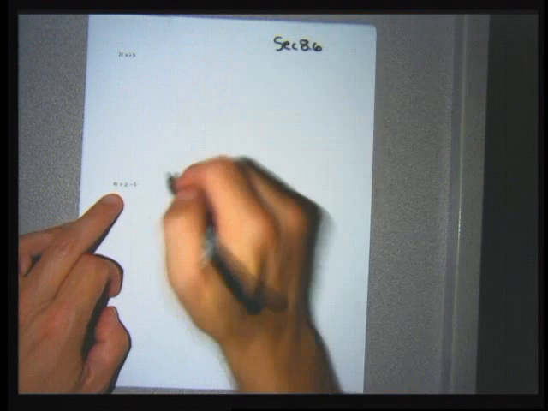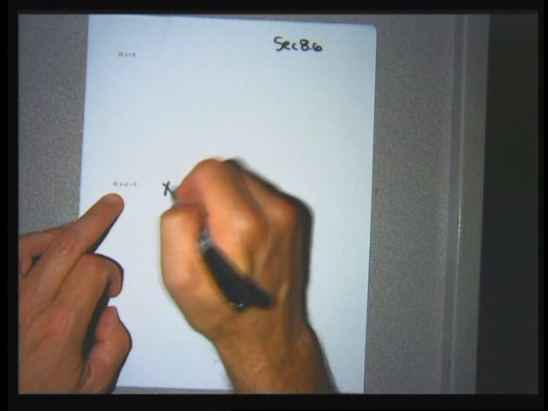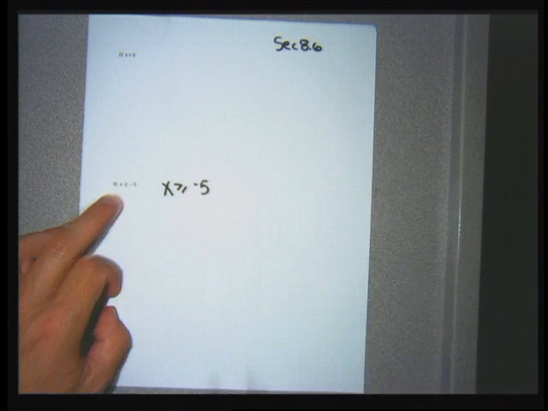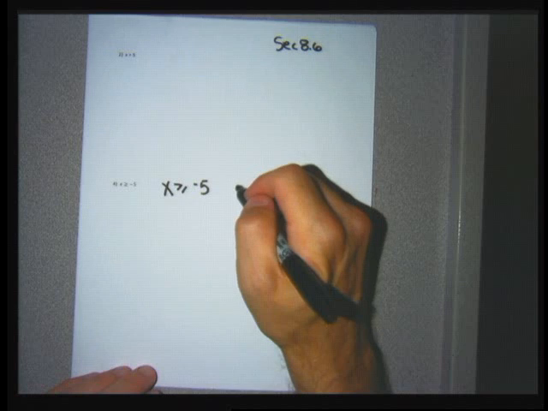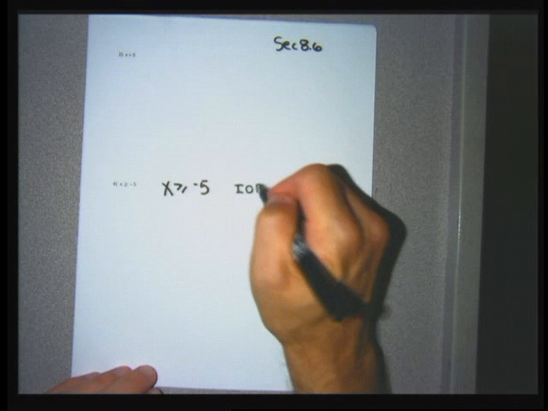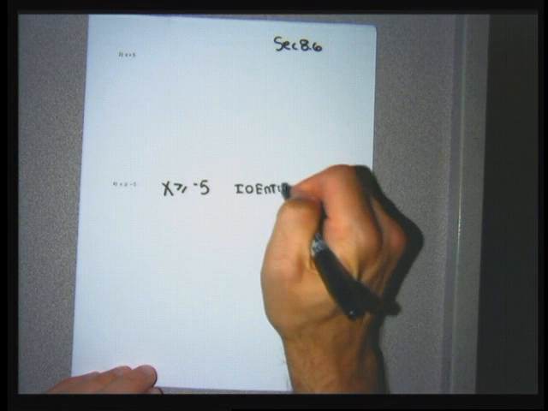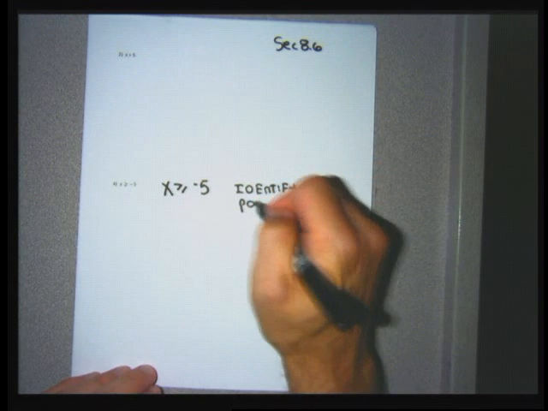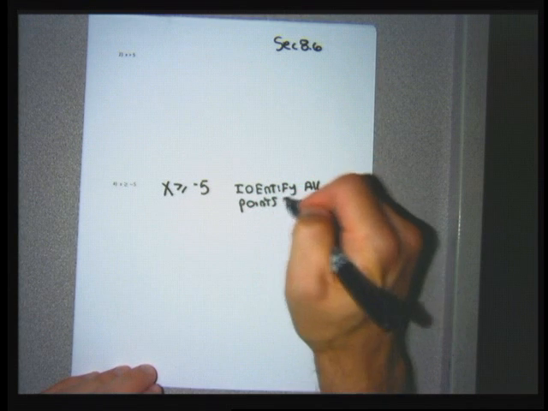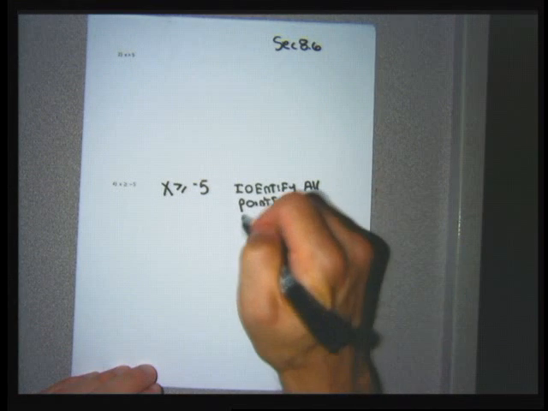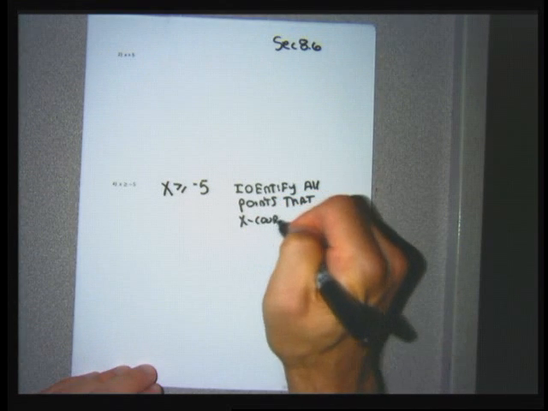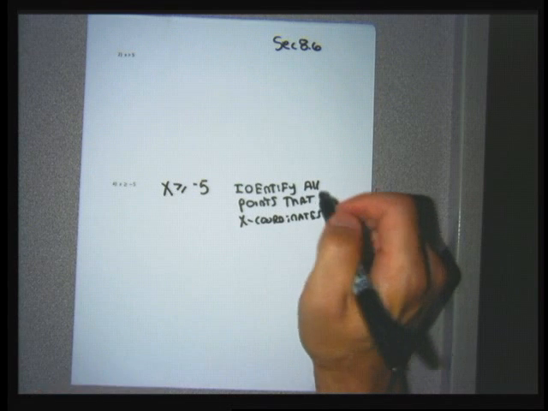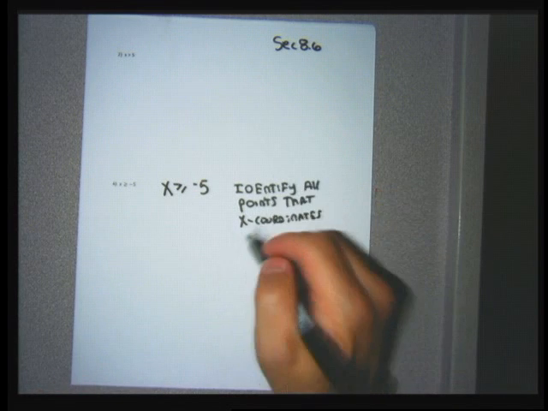And what problem 4 wants me to do, then I'll go back and do problem 2, is to graph or indicate or show or identify all points that have x coordinates that are greater than or equal to -5.